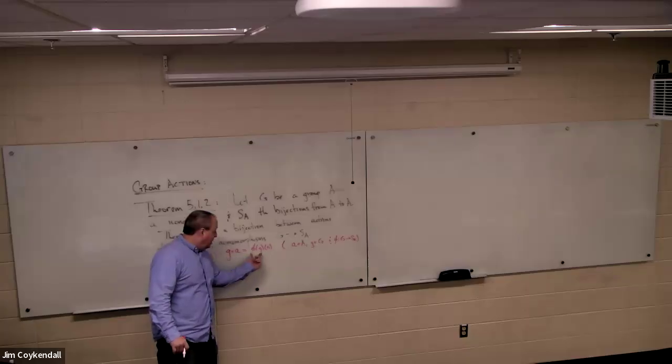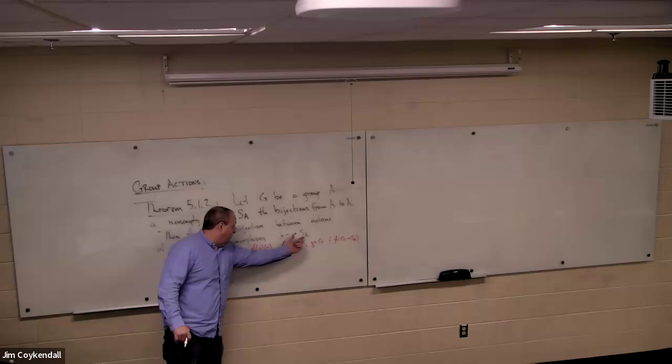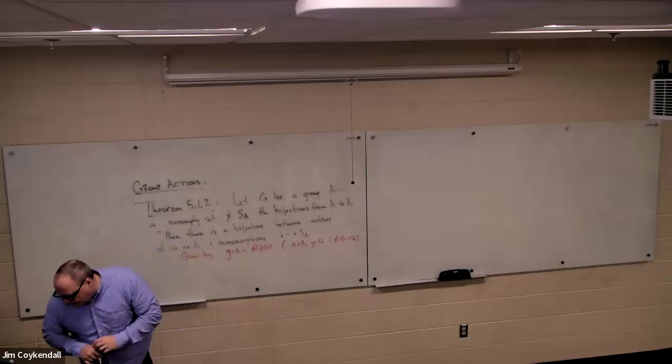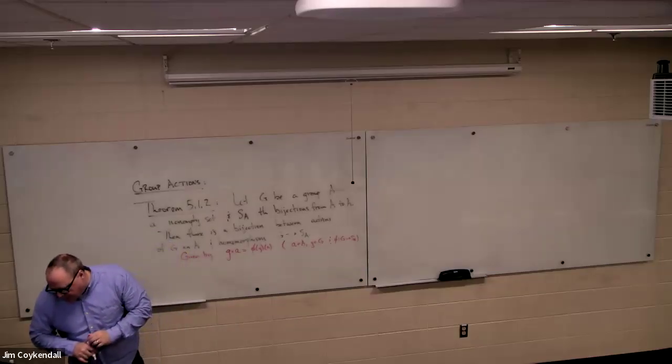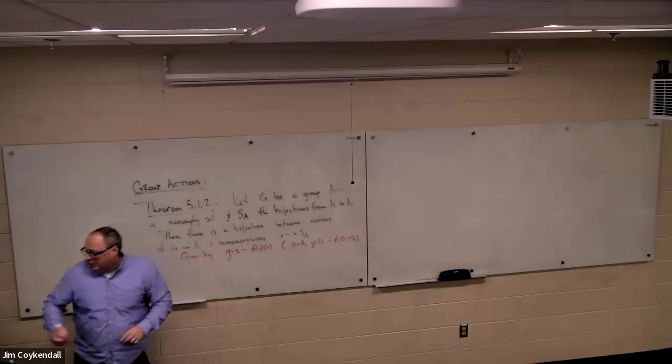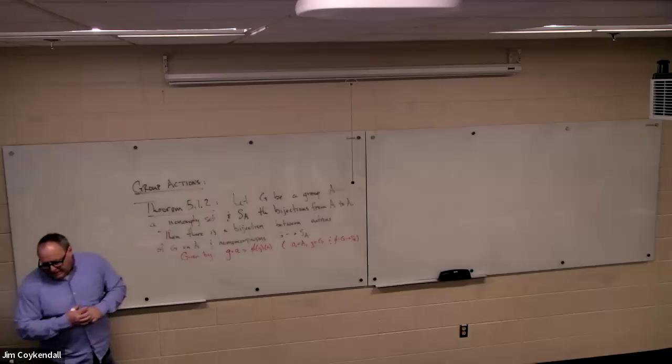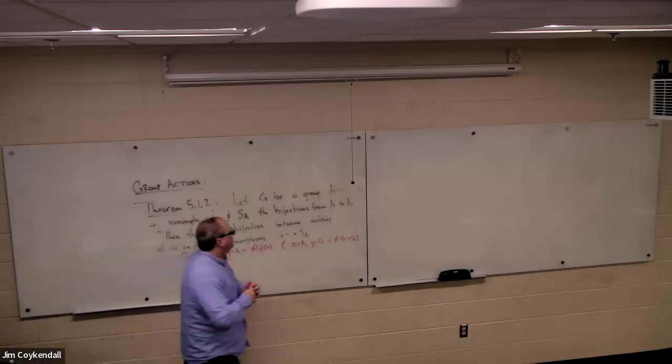Now remember what phi of g actually is. This is a function that is a permutation of A, so this takes a to some other element here. And actually, I think this is one of those situations where going through the proof will hopefully help us understand what this is all talking about. Proof.